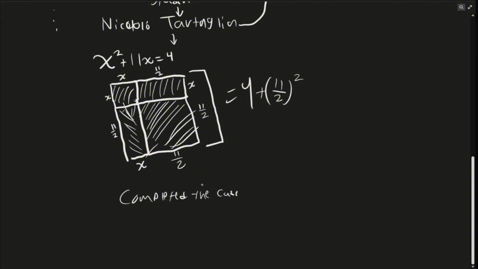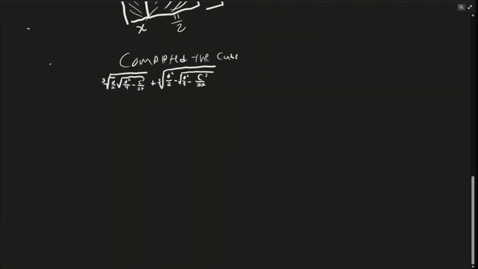But basically, he uncovered the formula. He then derived a formula for the depressed cubic. And there's a lot more to the story that Veritasium goes into, but this is basically the formula.